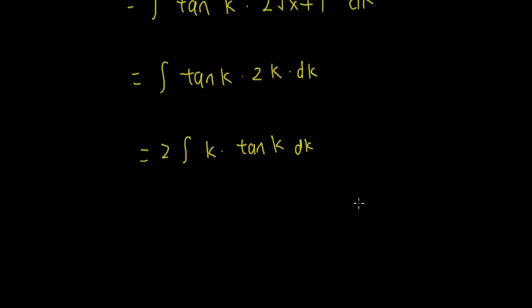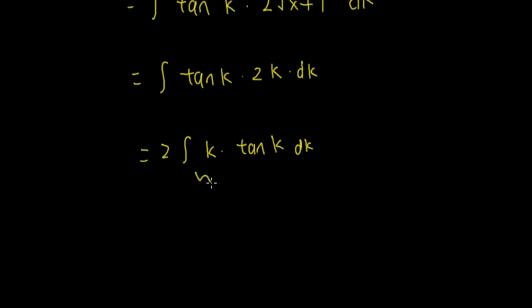Okay, now we have to integrate this. This looks like a product of two functions. And if you're integrating a product of two functions, maybe you can consider using integration by parts. Now look at this. I can easily differentiate k, and I can probably find the antiderivative of 10k.